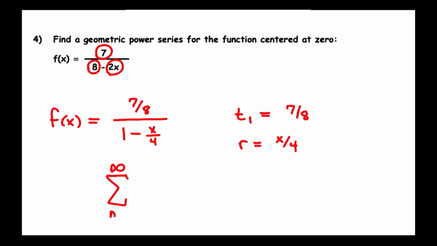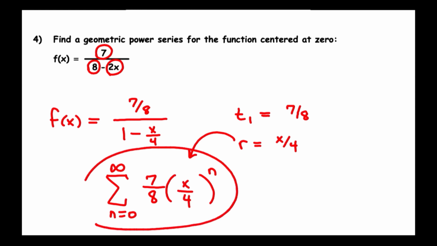Like I said, I like to start with n equals 0. That way, when I put the 7/8 in, and the rest of it is to the nth power, I know that it's going to be to the 0 power to start off. And then the r just gets dumped in, the x over 4, because that's what you're multiplying by. And that will be our answer.